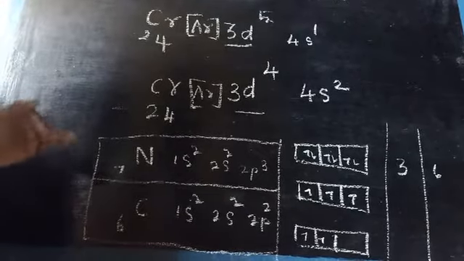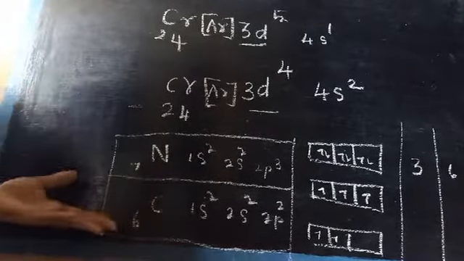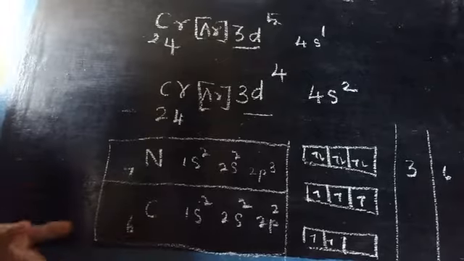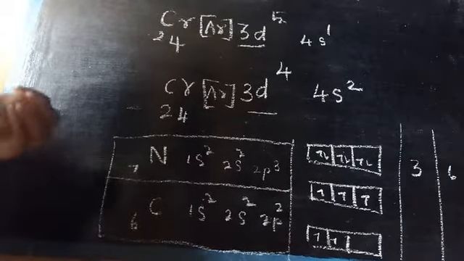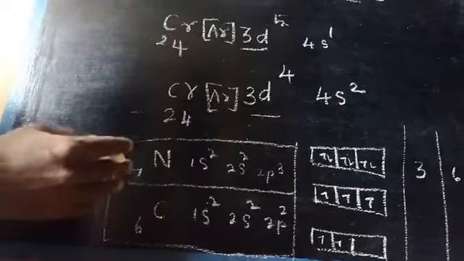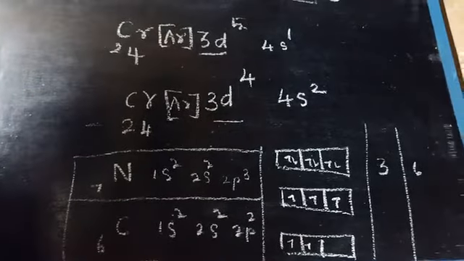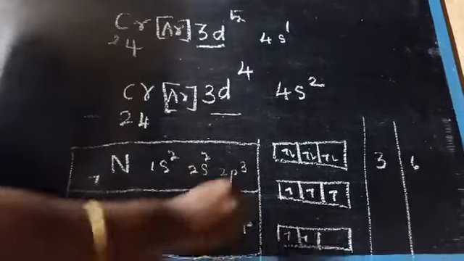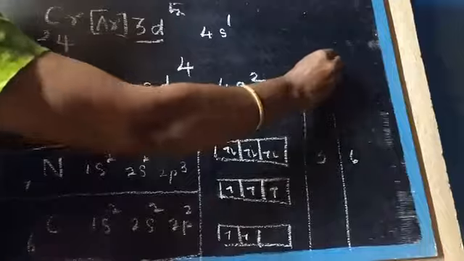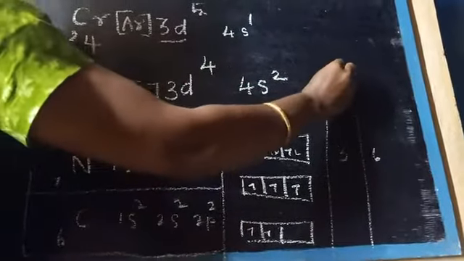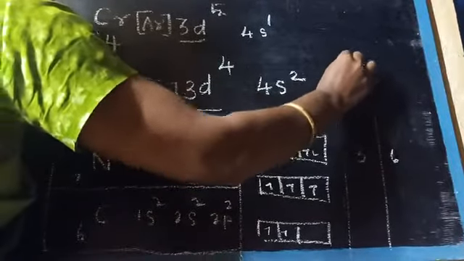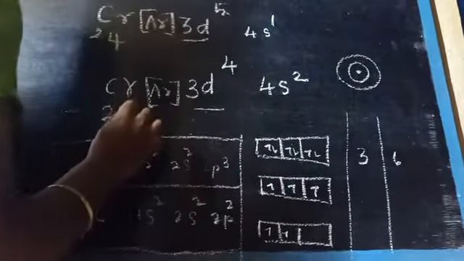In another way, they explain the shielding concept. You know the shielding effect very well, but I will explain once again. The center of the atom is the nucleus, and electrons revolve around the nucleus.